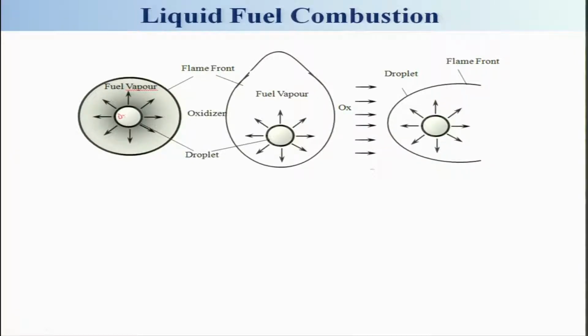This is your droplet having a certain diameter, fuel vapor is going out, and this is a quiescent atmosphere, therefore oxidizer will be coming in from the atmosphere. Now I will get a flame like this, and there is another situation where this is the droplet, and I am getting a flame like that.